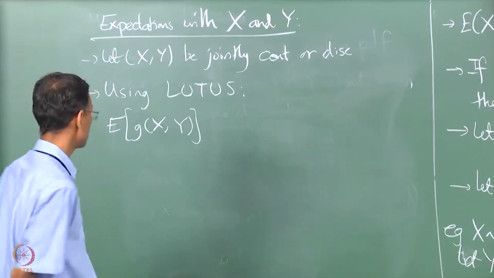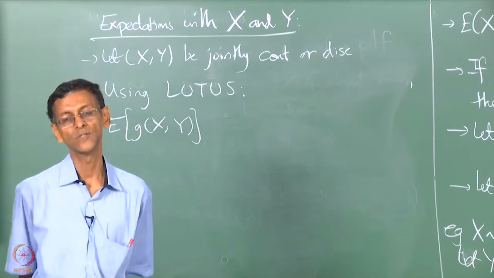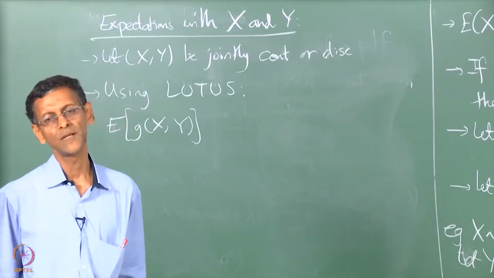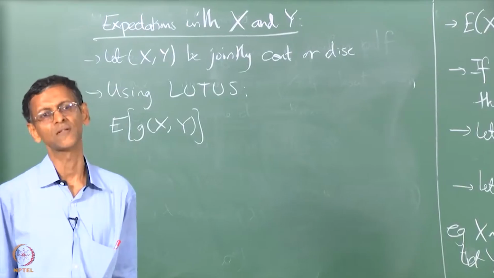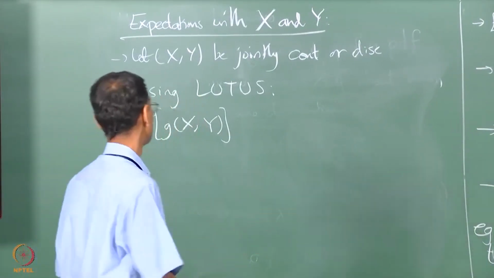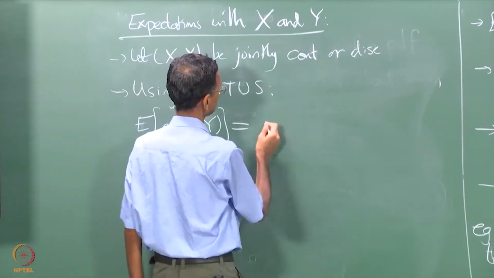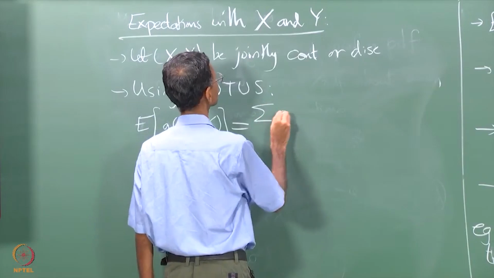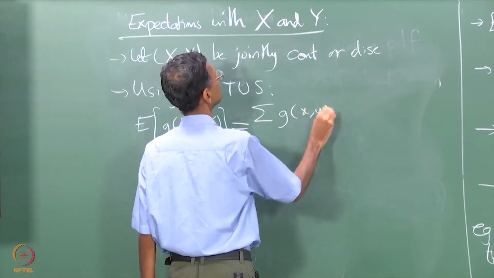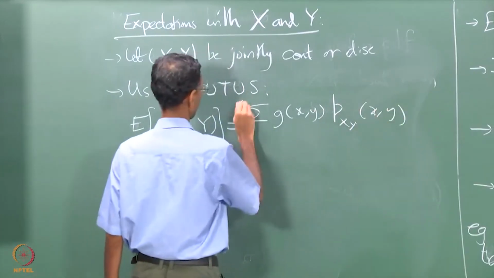So now I am just taking a scalar real valued function g of x, y, which could be x plus y, could be max of x, y, could be anything, but as long as it is a single scalar valued function, single real valued function, right. So in the discrete case, it is basically this sum.